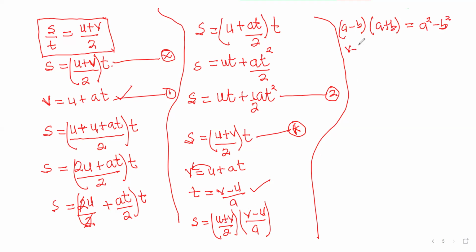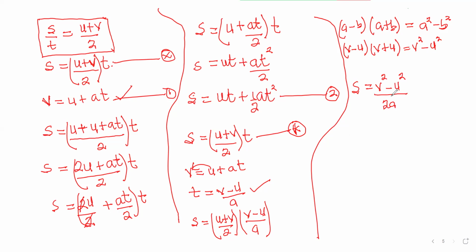V minus U times V plus U must give us V squared minus U squared, divided by the denominator 2 times A, 2A.